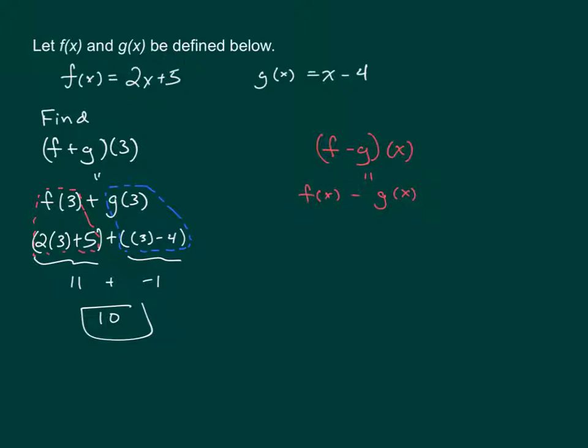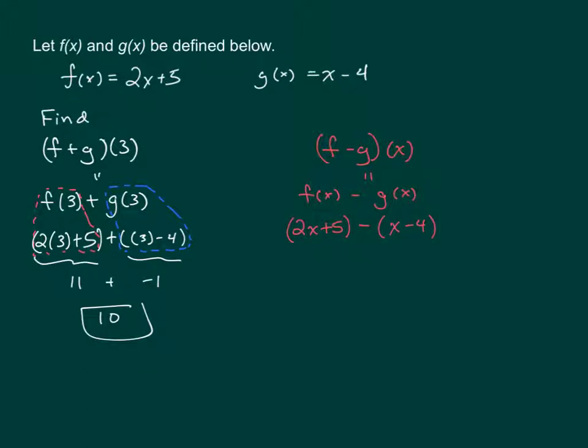It's 2x plus 5. So this will be 2x plus 5, and I'm going to put that in parentheses, minus g of x. G of x is up here, and that is equal to x minus 4. So over here in parentheses, I'll have x minus 4.